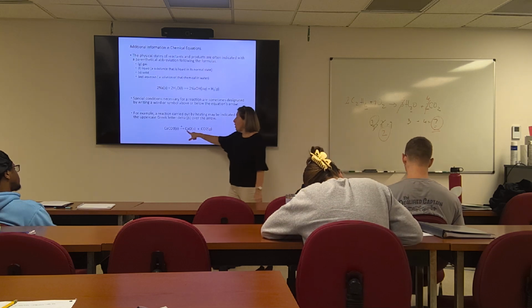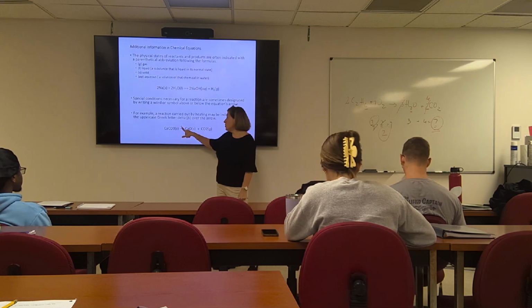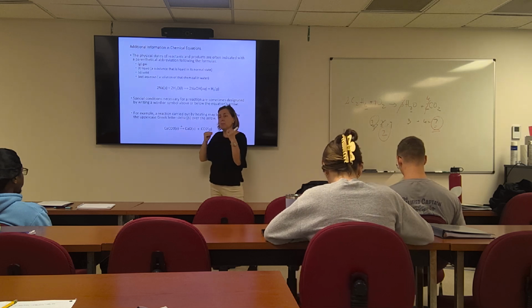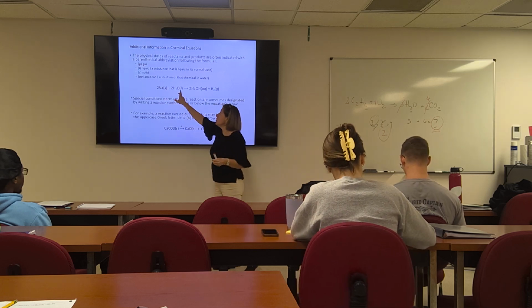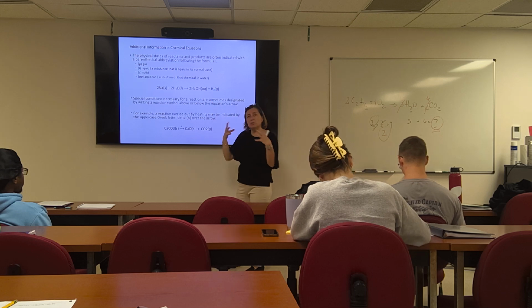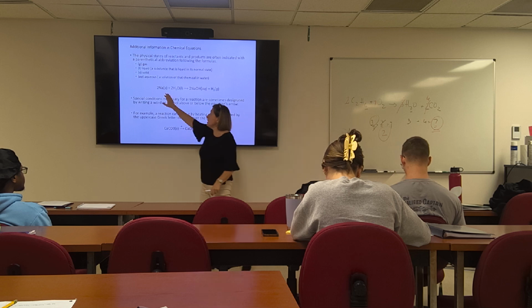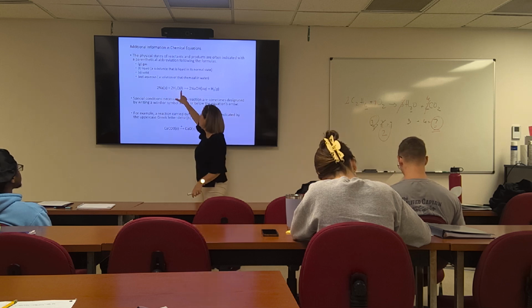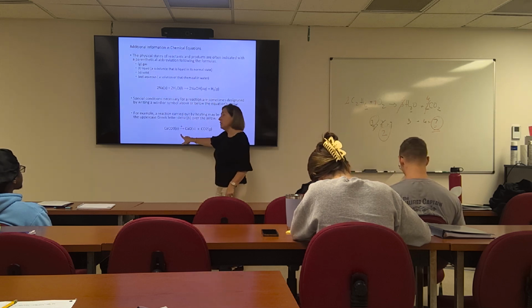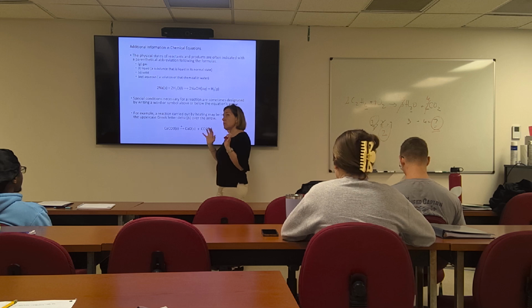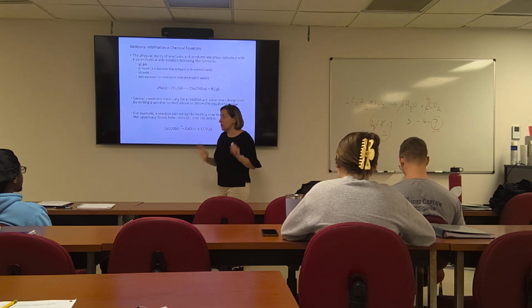Okay, so on the arrow, if you see stuff on the arrow, you don't have to worry about that in the balancing. You don't have to worry about the symbols of the state of matters in the balancing. That's just additional information. So when you balance, you focus on just the chemical formulas, not the additional information that may come on the arrow or next to each reactant and product. Okay, so the balancing is strictly like the naked equation.